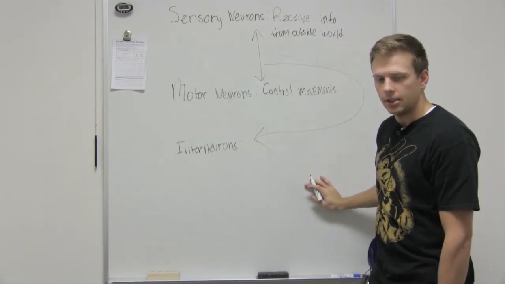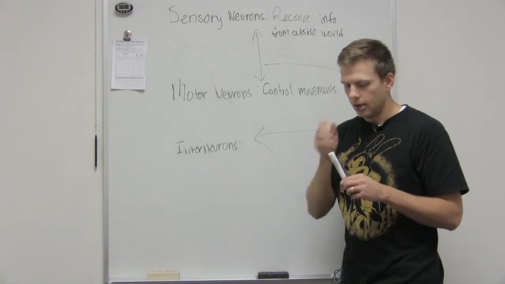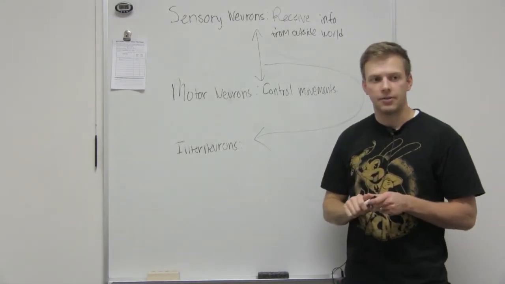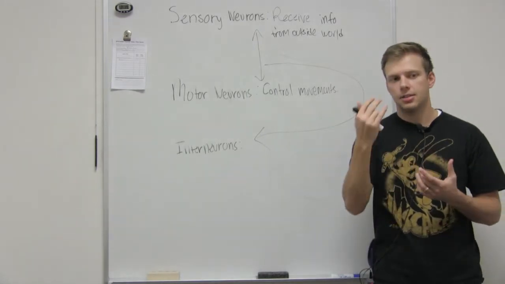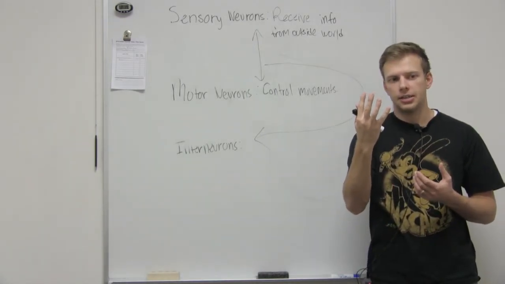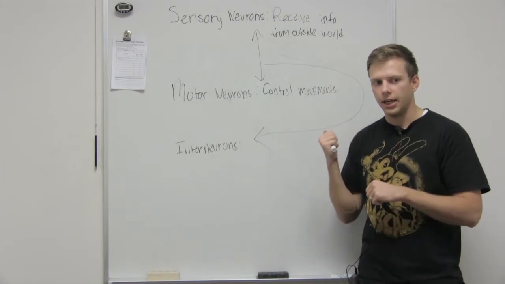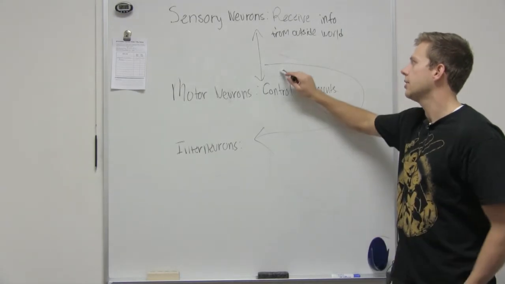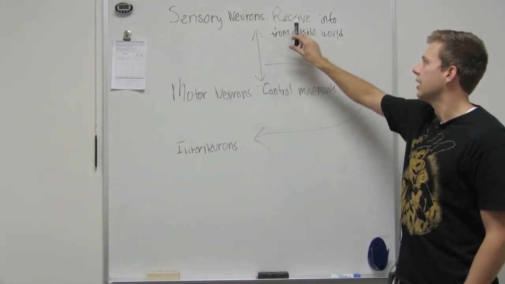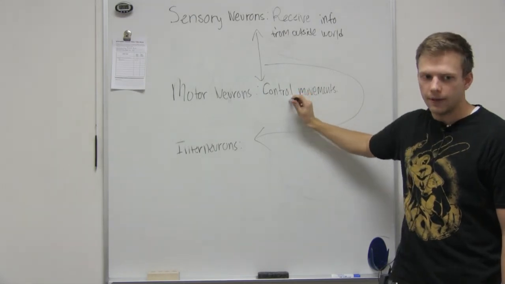Does that make sense? So remember we were talking about fight or flight? Yes. And so you sensed something in front of you that scared you, which then made you go to fight or to flight, to run. Right. And so those interneurons connected the two, and they sensed that you were scared, and so then it produced you to either punch them or to run away.